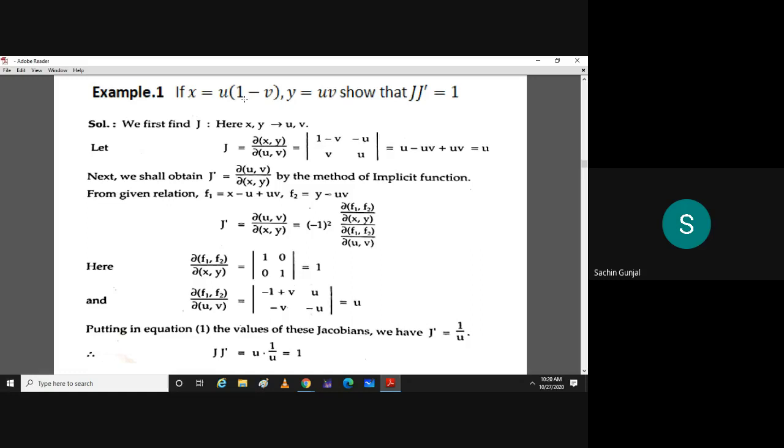So u is equal to x plus y. Once you have u, you can calculate v as a function of x and y. Are you getting my point? Yes, sir. Just note it down.